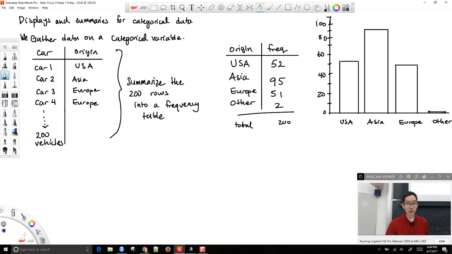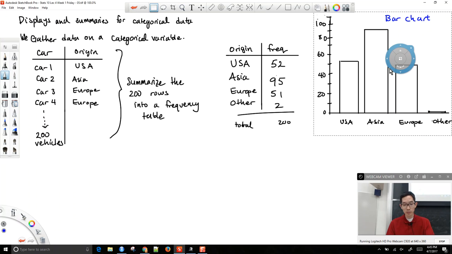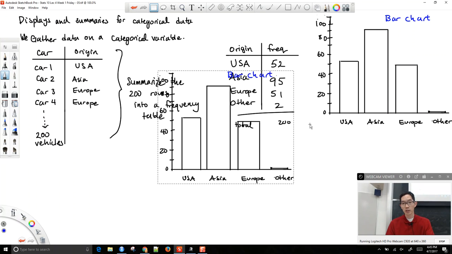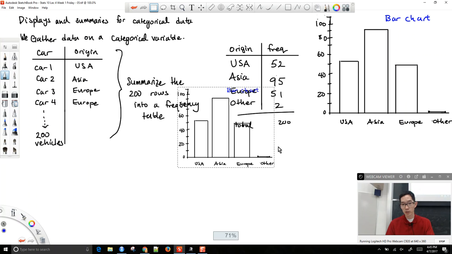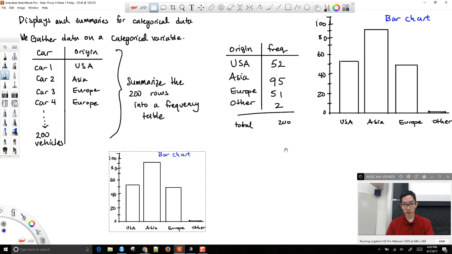The bar chart requires that we create a frequency table, and then based on the frequency table, we just create bars representing the heights. With a bar chart though, you can rearrange the bars and still have a legitimate graph.